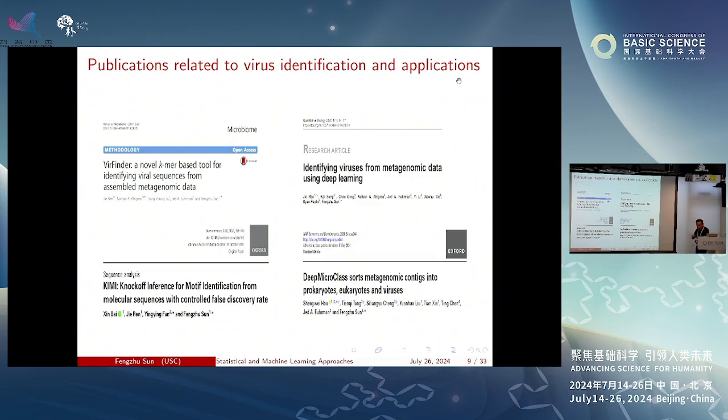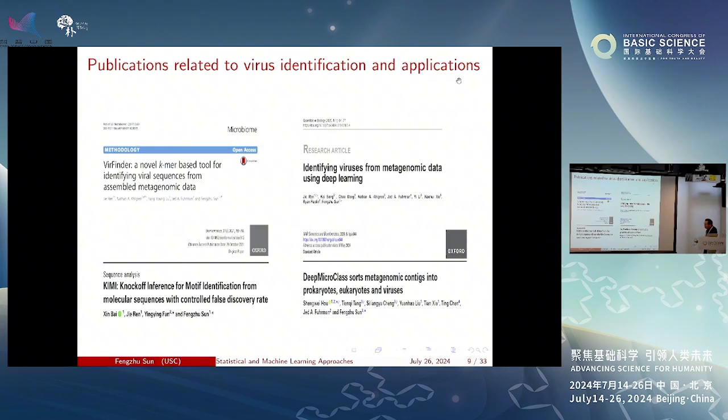Phage databases are quite inadequate and incomplete, so we need to develop them. Many groups used this tool and another tool called VirFinder to build databases. Those are the two major tools for the identification of viruses and to build phage databases.